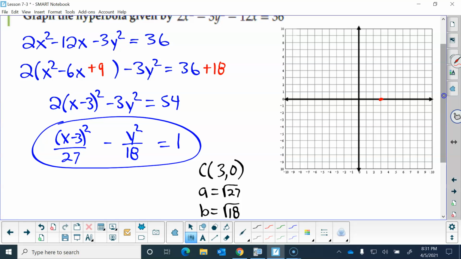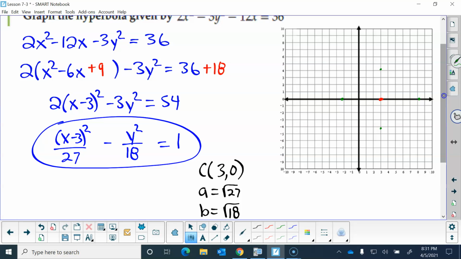Let's see, the orientation on this is going to be horizontal because the x squared is above the a squared. So let's go to the right, square root of 27, which is, let's just call that 5.2, and to the left, 5.2. Let's go up and down, square root of 18. Let's call that 4.2, and down 4.2.